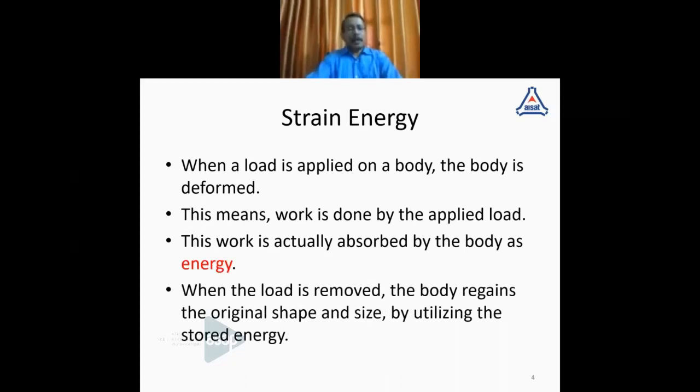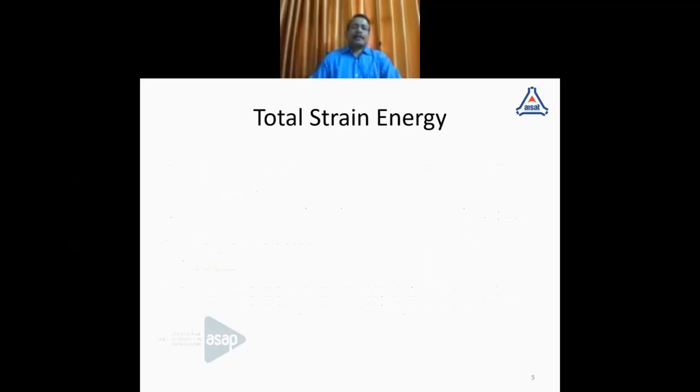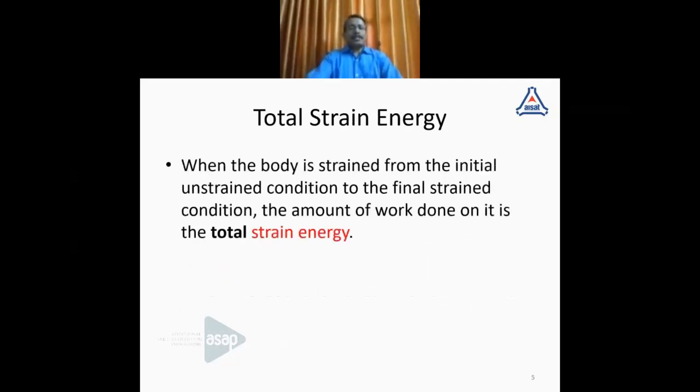Because when we apply the load, some strain is produced in the body and the energy is stored as strain energy. And when the load is removed, the body regains the original shape and size utilizing this stored energy. And the total strain energy consists of the elastic part and also the plastic part.